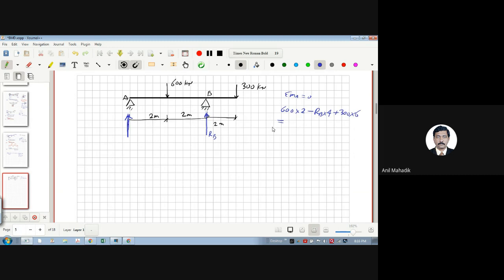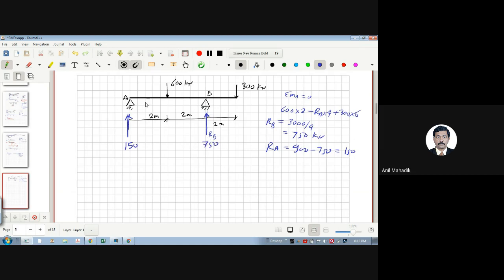Will it be positive or negative? Positive. What will be the RA value? 6 plus 3, 900. 900 minus 750 will be 150. So this is 150 and this is 750.